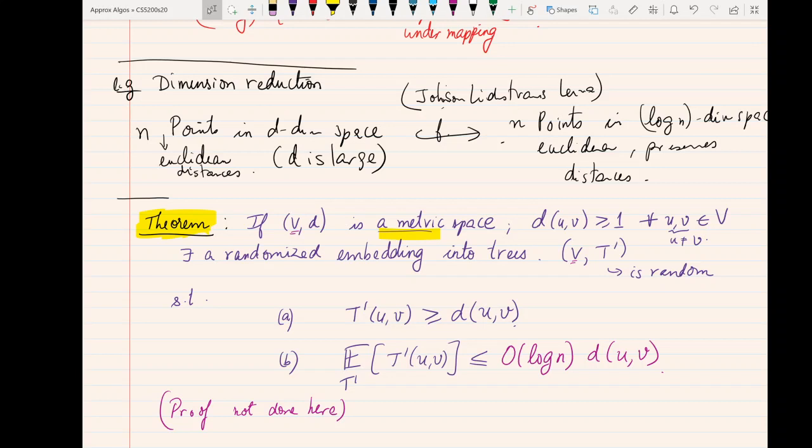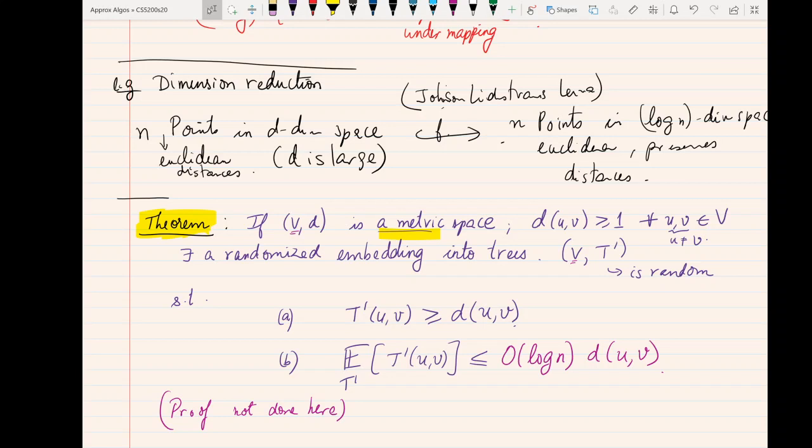It need not necessarily come from a graph metric. It can be a cut metric. It can be the L2 metric, a finite set of points, and still it is always log n close to a tree metric. That is, in a randomized sense, you have a distribution over trees and you pick any one of those tree metrics; in expectation a point pair in your original space is within log n of the point pair in the tree space.